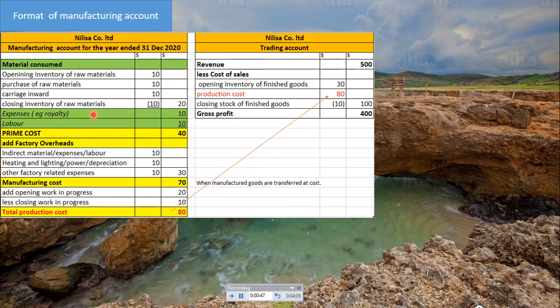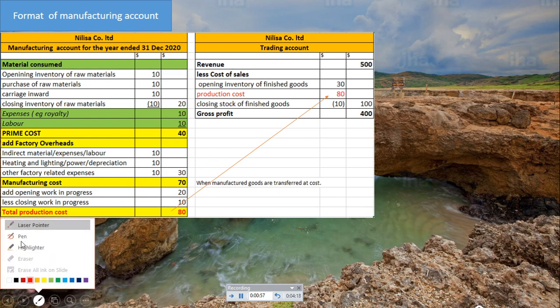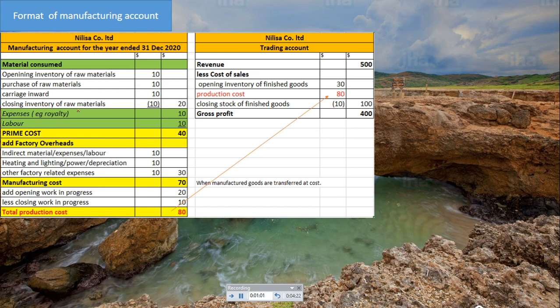Then you add the direct expenses. The expenses out here refer to direct expenses. I was supposed to put direct. Let me put direct. So the direct expenses, you add up the direct expenses and then direct labor.